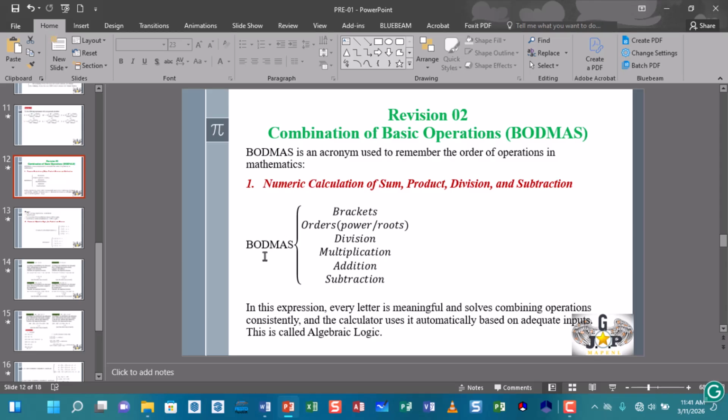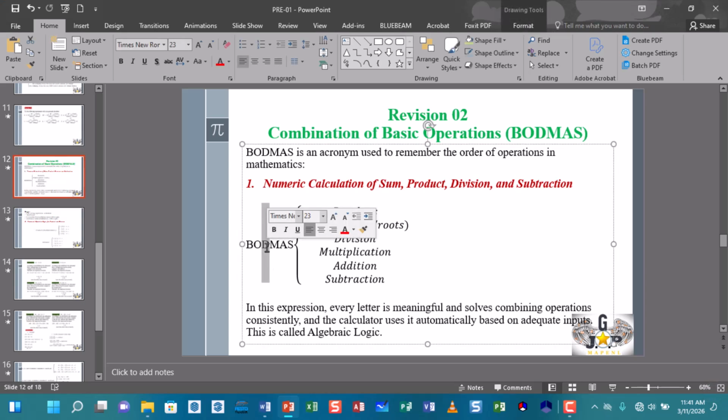So each and every time, if I have the D and the M, I will start using the D first. That's what you need to understand. Each and every time you have these two, the D and the M, meaning the division and the multiplication, the proportion and the product, you start solving the operation on your left wherever the D is.